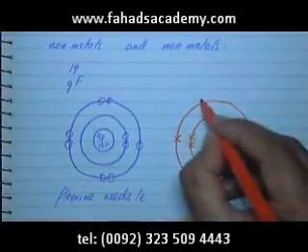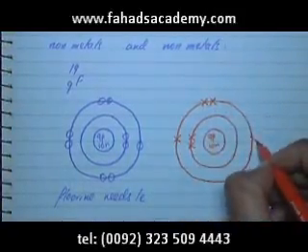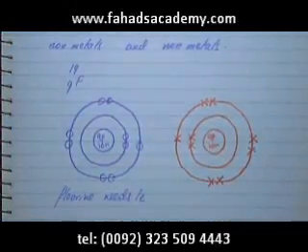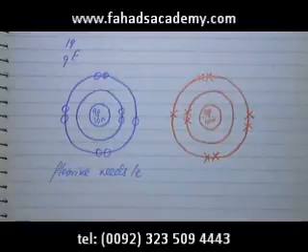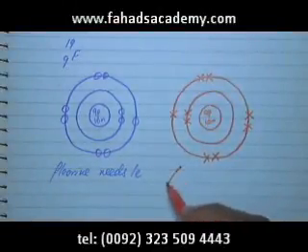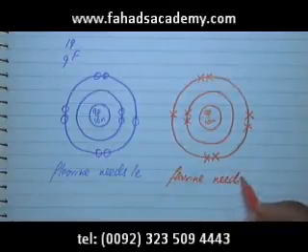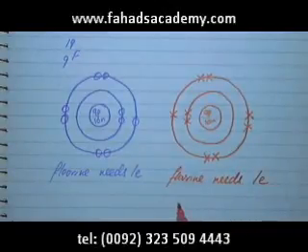So there are a total of 7 electrons in its outer shell. So both of these fluorine atoms are identical, and the problem is that this fluorine also needs 1 electron to complete its outer shell.